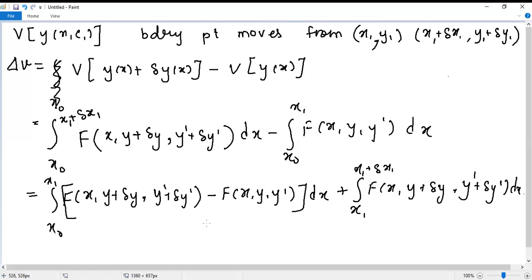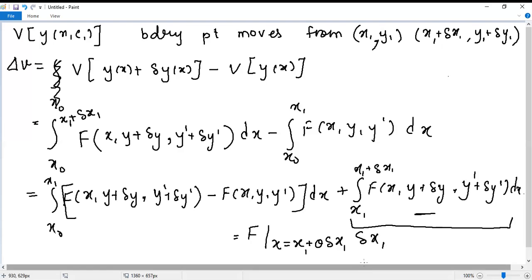Then what we do is, by using the mean value theorem, we write this second term to be equal to capital F at the point x equal to x1 plus theta times delta x1, into delta x1.